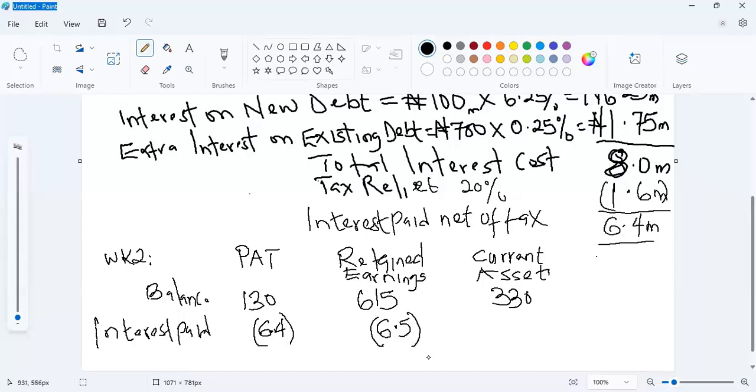Also, our current assets, our cash, will be reduced by 6.4. Okay? We have treated the impact of interest paid. Any question, please? Where did you get 6.5 under interest paid on retained earnings? It's an error. Just correct me. It's supposed to be 6.4.